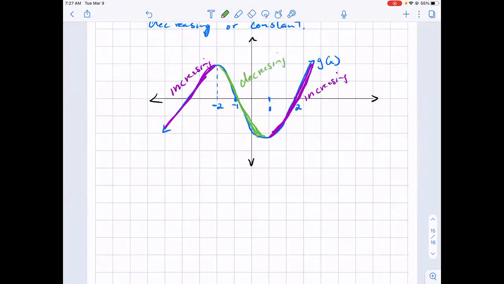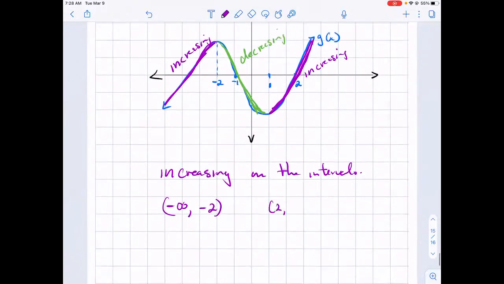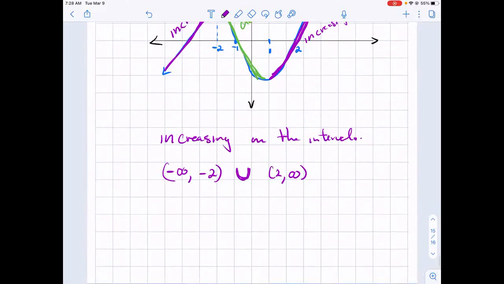Okay. So we can say that this function is increasing on the intervals, two intervals, from -infinity up to -2, and then from 2 to infinity. And to bring them together, we use the union.